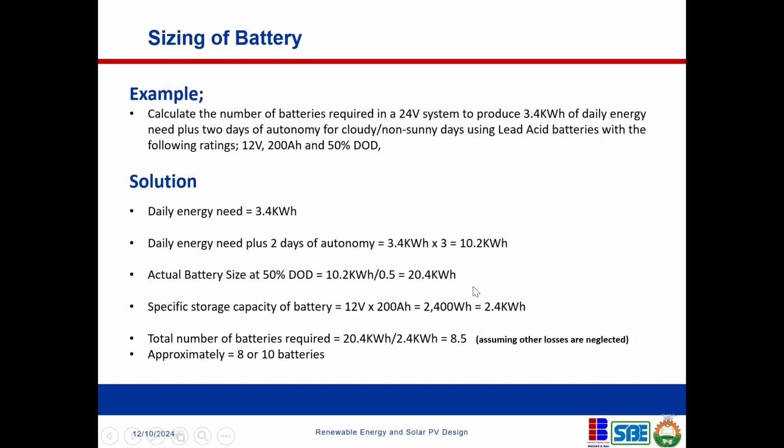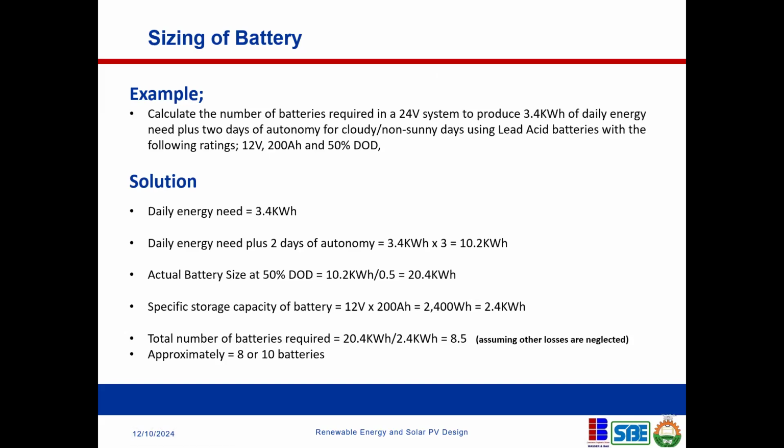The second one, I was asking whether the autonomy is the same for all types of batteries. No. The 10.2 kilowatt hour is based on the discretion of your client and the budget of your client. Some people might just do 1 day of autonomy.